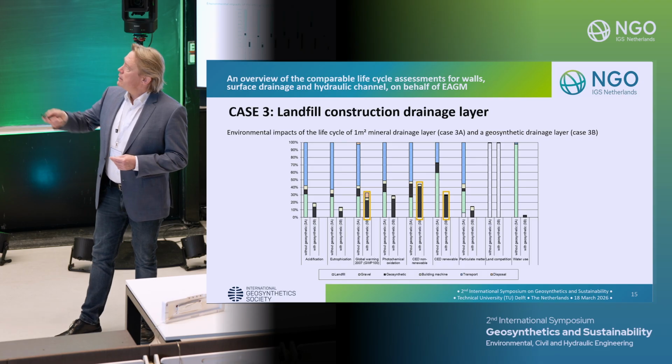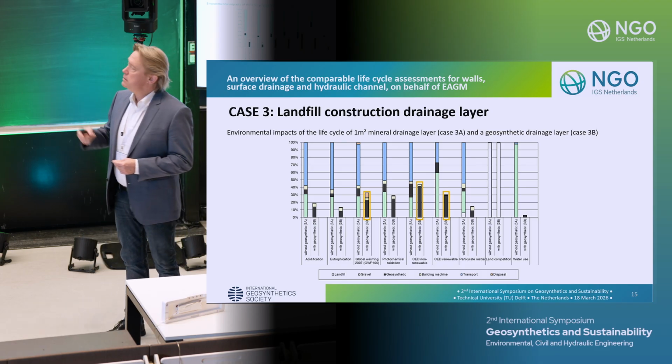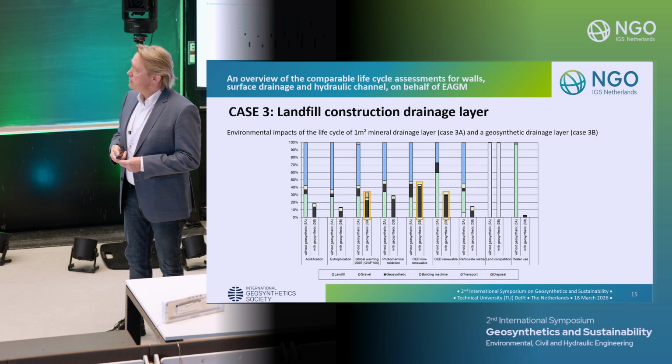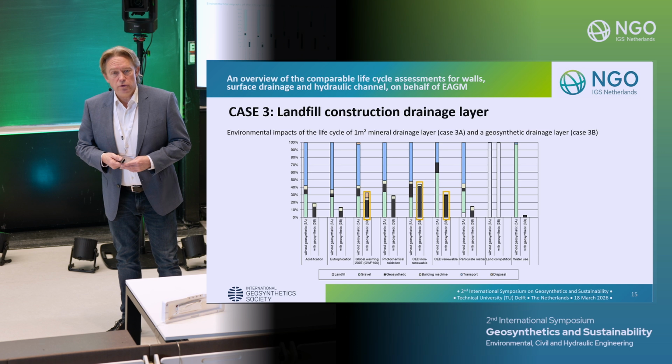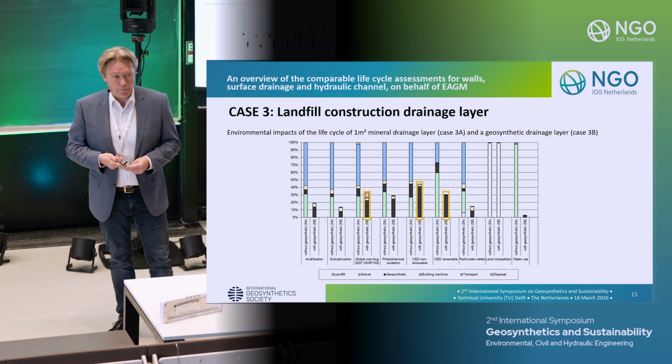The 100% column is always the classic construction, and in comparison to that you can see the summary of all the different impacts, the 8 impact categories that are evaluated, by the use of the geosynthetic product.